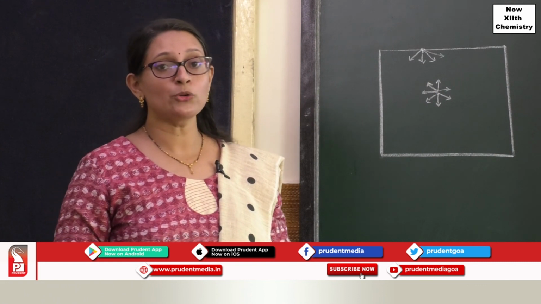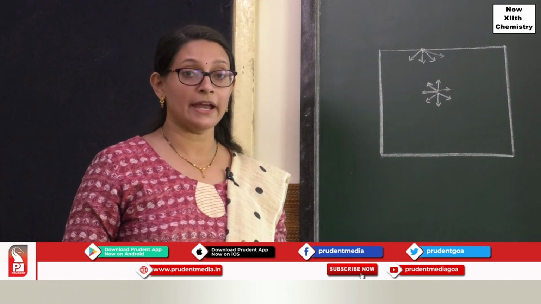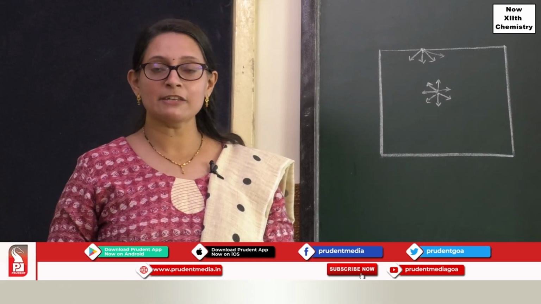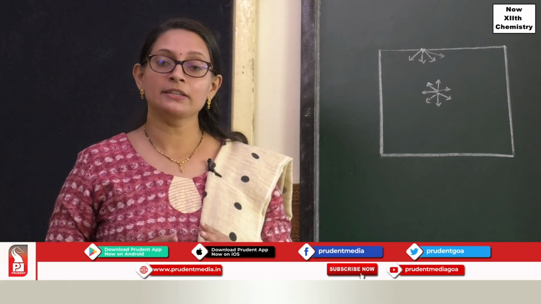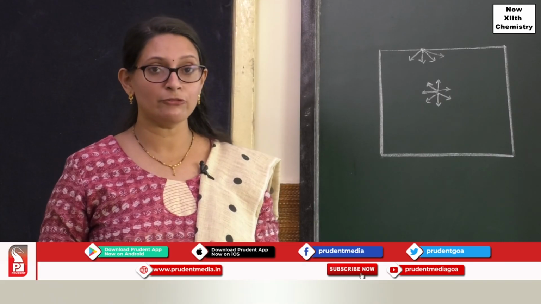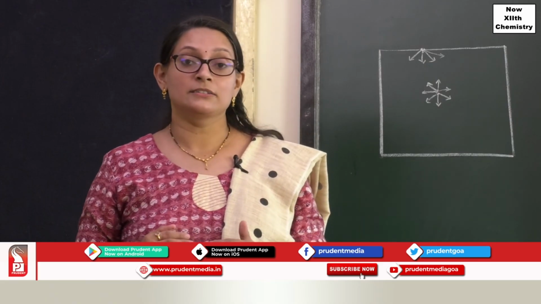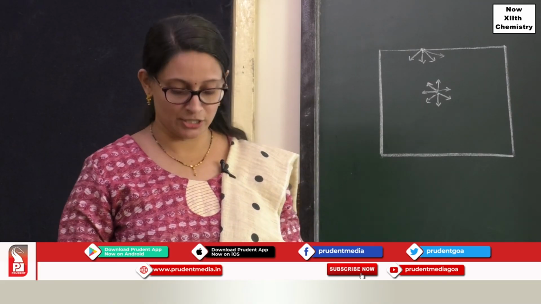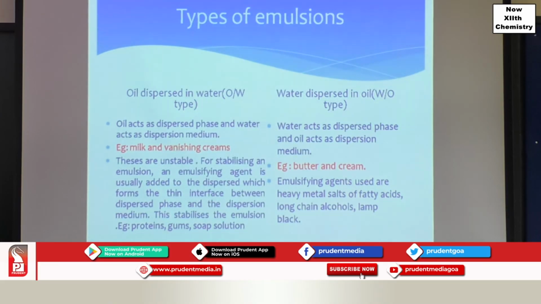Now, in order to make the emulsion stable, we add something called emulsifying agents. What are these emulsifying agents going to do? They are going to form a thin interface between the dispersed phase and the dispersion medium, and the time of separation will be delayed. That means they are going to stabilize the emulsion. So, what are the different types of emulsifying agents that we can add?